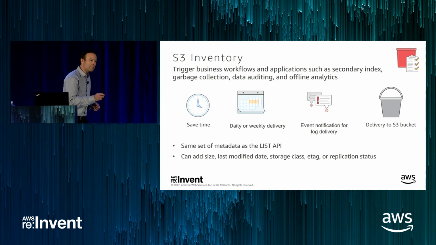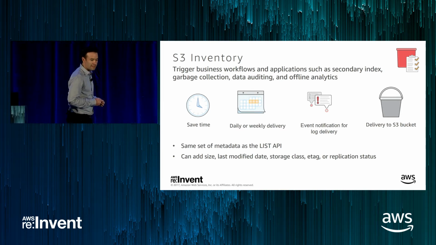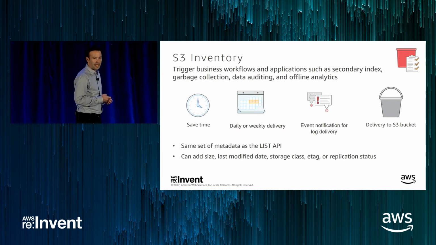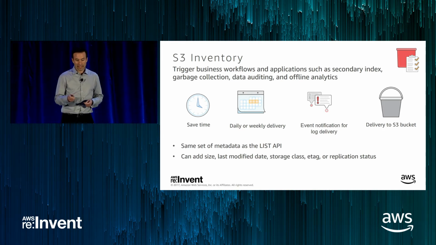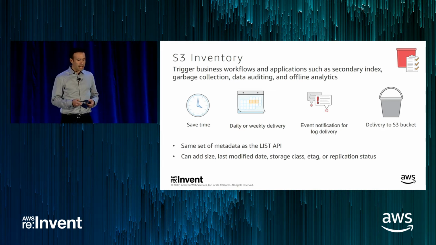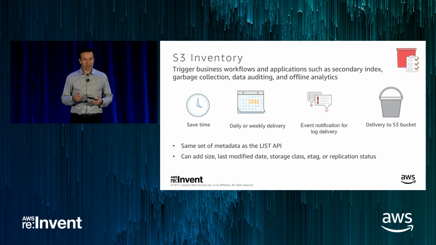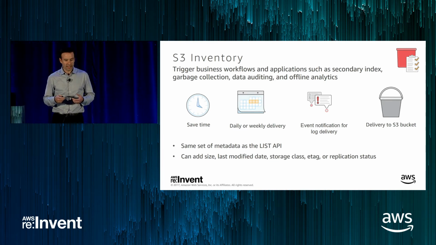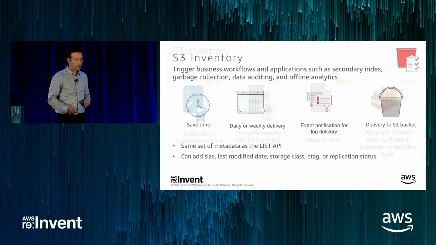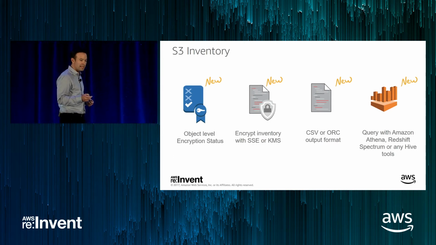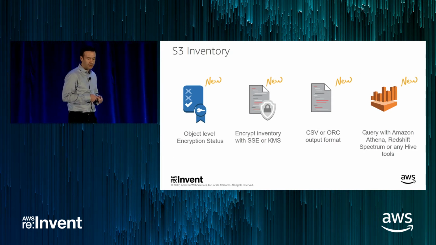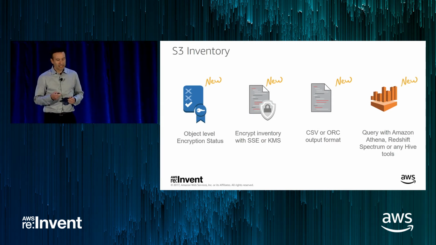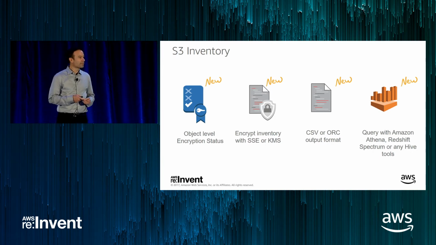One of the other really cool features in helping us do this is S3 inventory. And S3 inventory has been around, and it really enables you to trigger business workflows. So it helps you kind of list all of the objects that you've got within S3. One of the new things that's been added to S3 inventory is the ability to check for object-level encryption status.